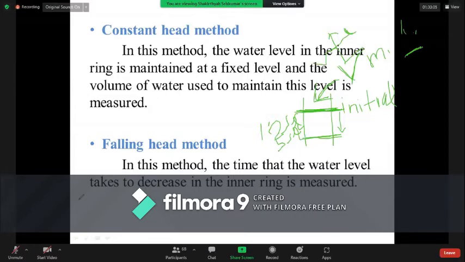After filling the inner cylinder to make the initial level, at the end of pouring from this measuring cylinder, we know what is the volume of water we poured. So now the volume we know. How can you convert this volume into depth?